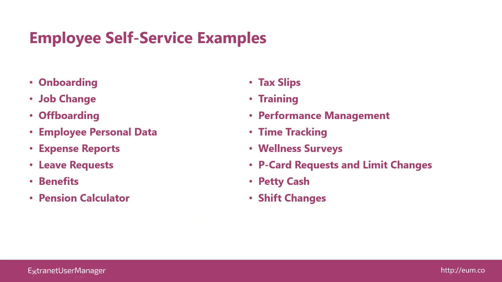That's an obvious one. Any sort of employee personal data, things like banking information for payroll, T4 slips, things like that. Expense reports, leave requests that we're going to look at here today. Benefits and pension calculators we've done for clients. Tax slips, training, performance management, the list goes on, and this is not a complete list. There's lots that can be done from this point of view.